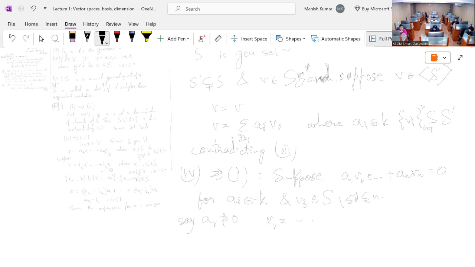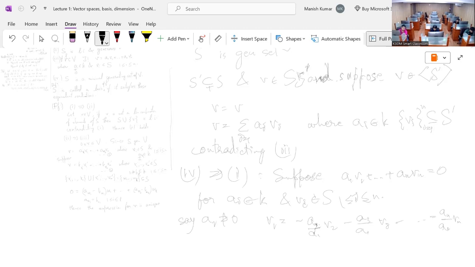V1 as negative of A2 over A1 V2, negative of A3 over A1 V3, and so on, negative of AN over A1 VN.